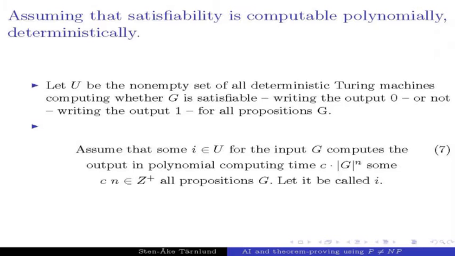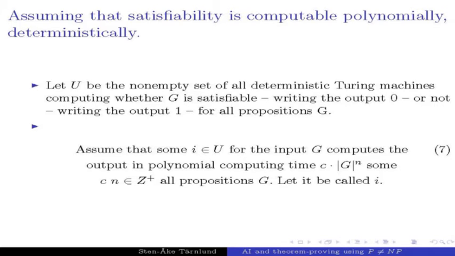If it is satisfiable, it writes an output of 0. If it's not satisfiable, it computes another output, which is 1. And it does that for all propositions. And there are machines that do that.